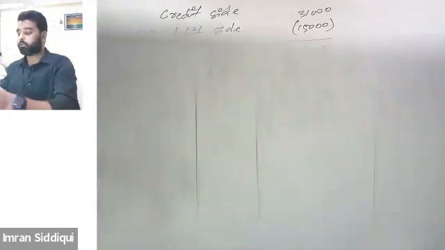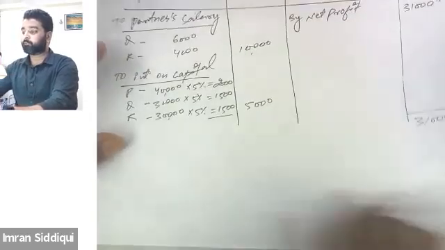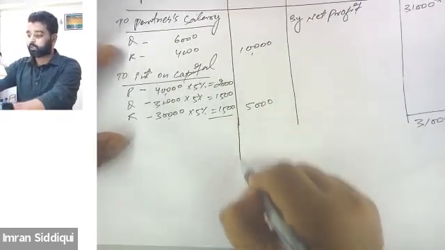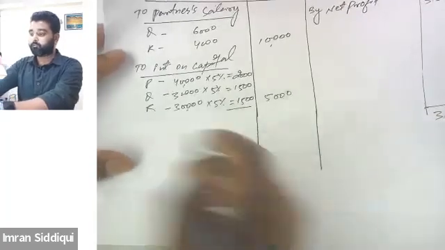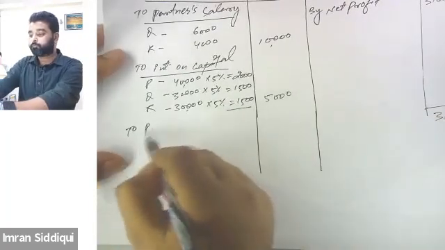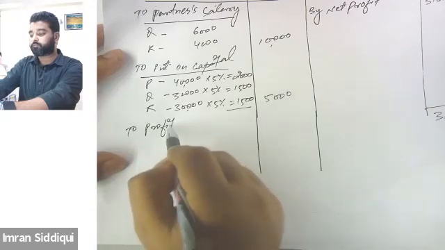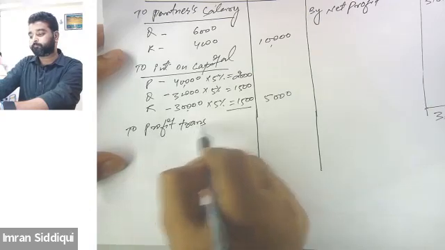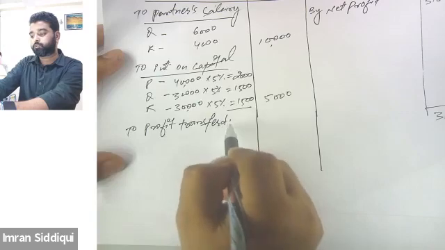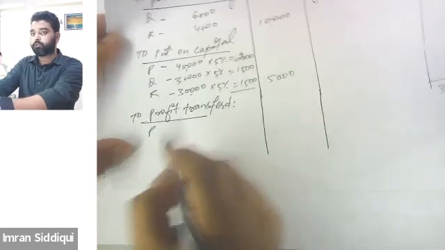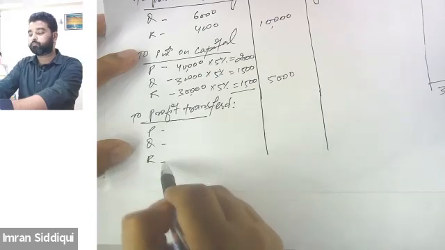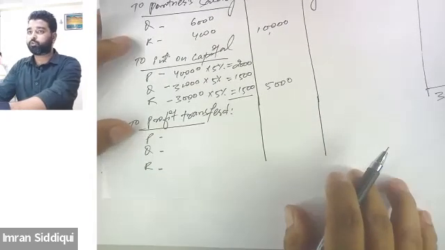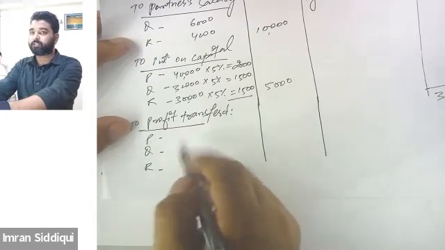Okay, so now we will come back to the P&L appropriation account, and here we will write profit transferred to P, Q, and R. How much will be the total profit transferred to P's account?